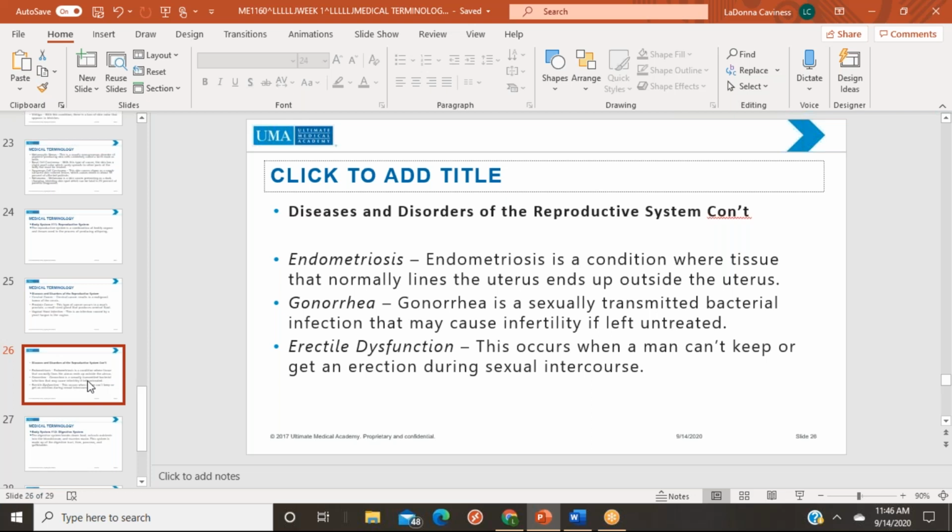Here's another one, gonorrhea. It's a sexually transmitted bacterial infection that may cause infertility if left untreated. Here's another one, erectile dysfunction. This occurs when a man can't keep or get an erection during sexual intercourse. And these are all examples of diseases or conditions or disorders of the reproductive system.